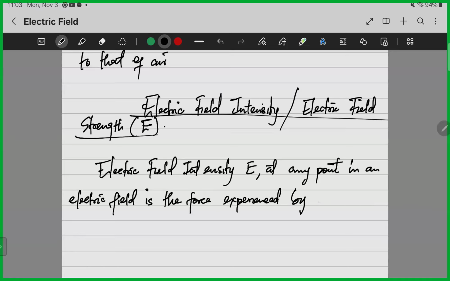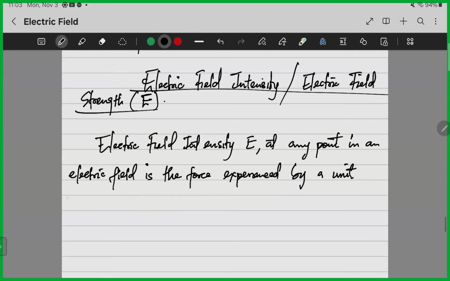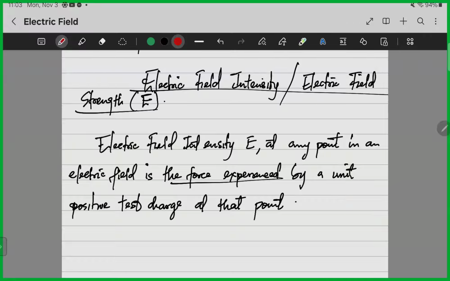Most of the time in the concept of electric field, we don't use just a unit charge, we say a unit positive charge, a unit positive test charge at that point.